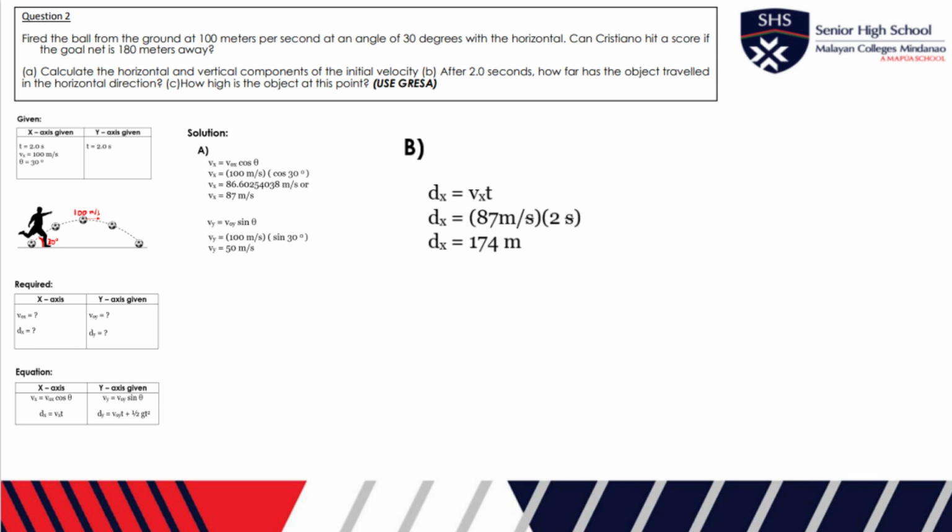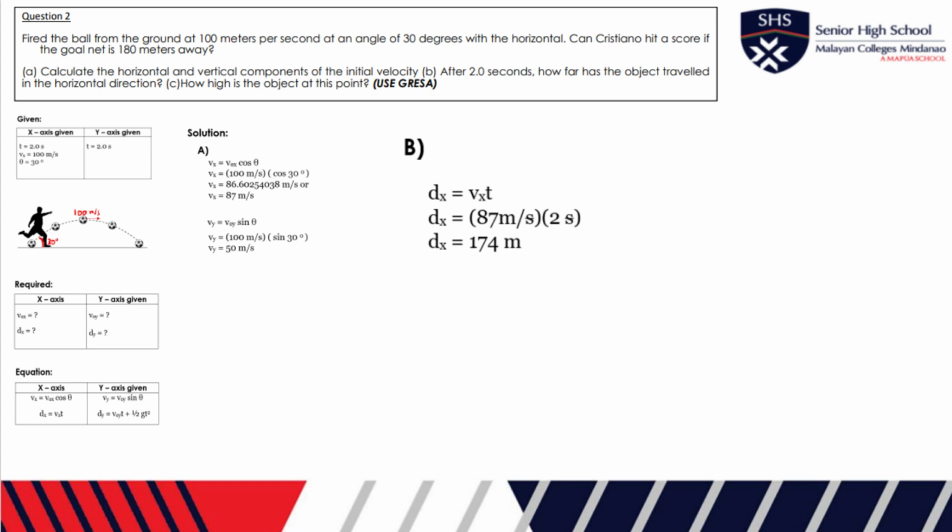After 2 seconds, how far has the object traveled in the horizontal direction? Let us see how far it is. Since we're talking about how far, it is the displacement in the x-axis, which is equal to velocity in the x-axis multiplied by time. Now we need to substitute each value.